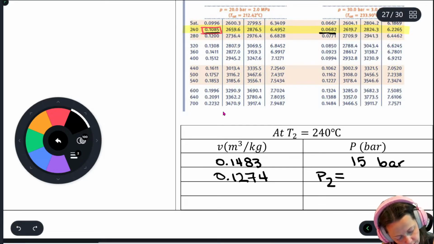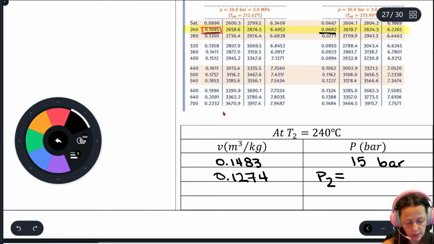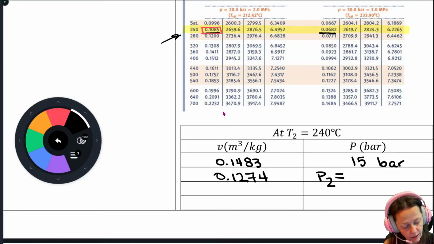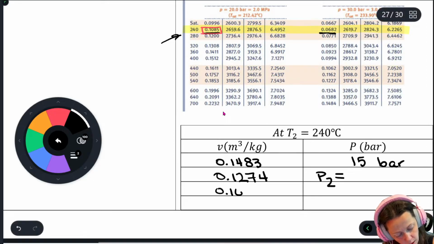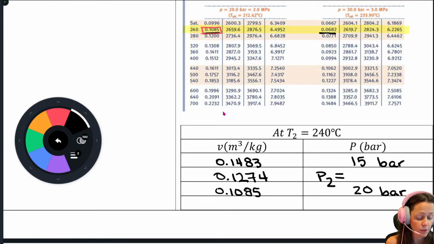So I have a value of pressure for water at 240 degrees Celsius and 0.1085 meters cubed per kilogram. All right, and the pressure for that one is 20 bar. So it's really obvious that my pressure should be between 15 and 20 bar.